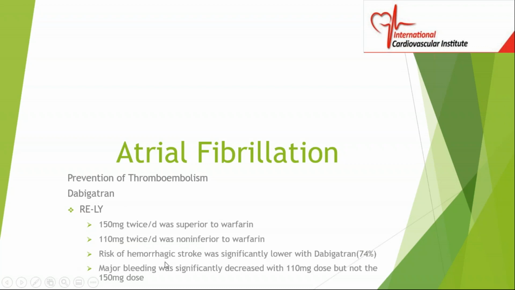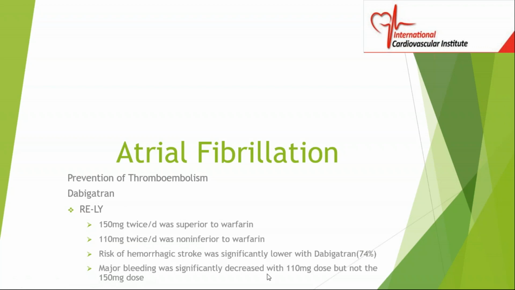So the risk of hemorrhagic stroke was significantly lower. All your newer agents have lower bleeding, stroke, hemorrhagic stroke. So right off the bat, for people who do an exam, all your NOACs have lower hemorrhagic strokes.